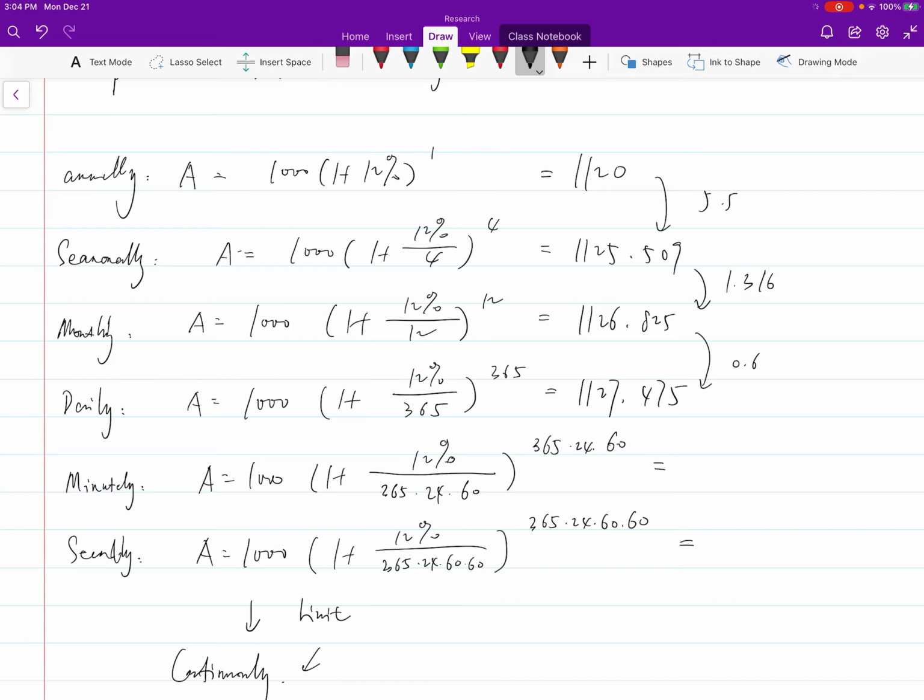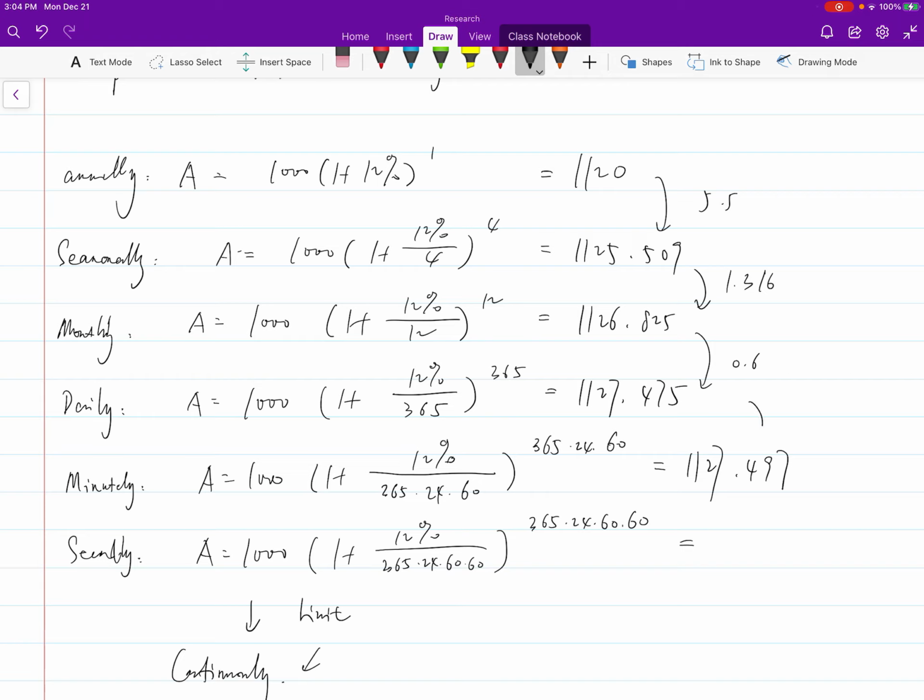Keep going. You spend more trouble by doing it minutely. Which will give you 1127.